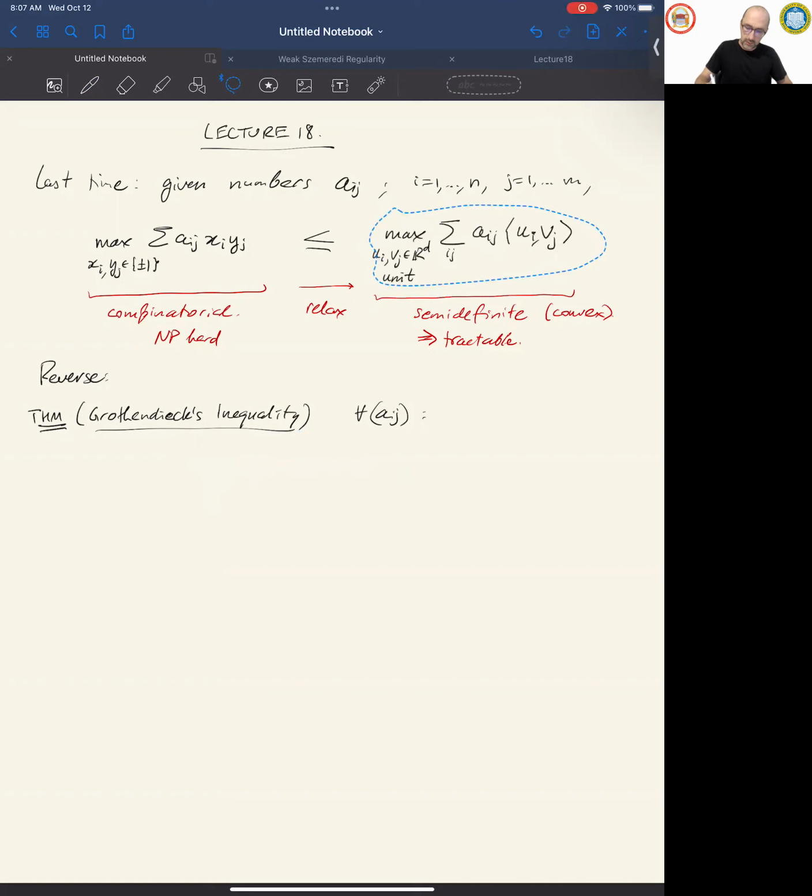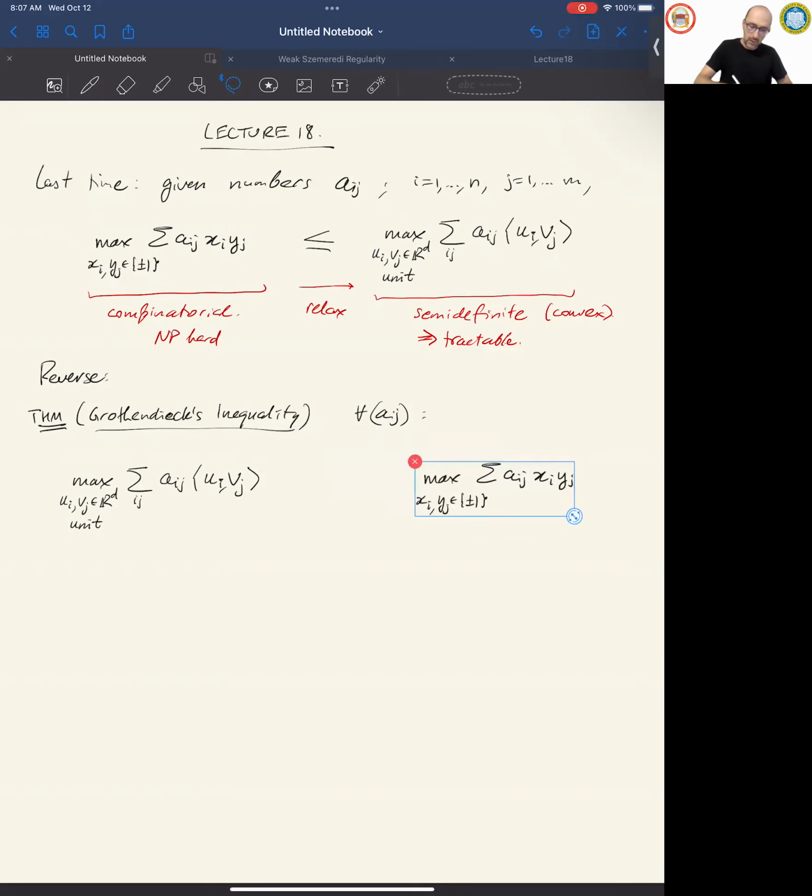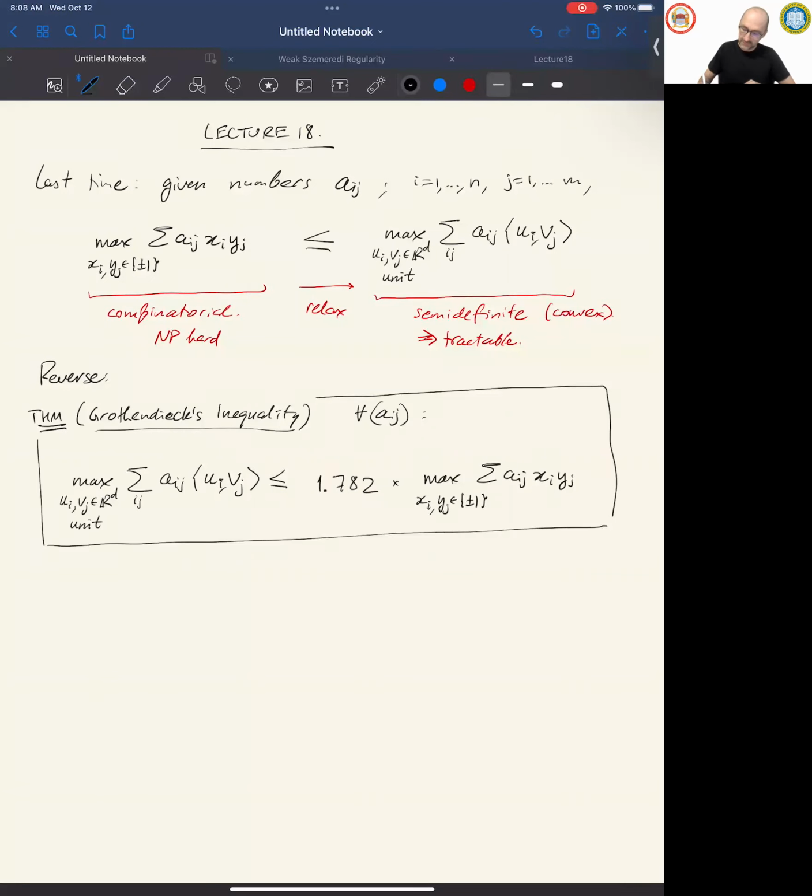So you have that, copy, paste, left-hand side, and I'm copying the other side. Sorry. Paste. And they're equivalent. So this is less than, and then there is a constant, unfortunately. I wish it was 1, but the best known is 1.782 times this. And nobody knows how to improve, at least at this moment.